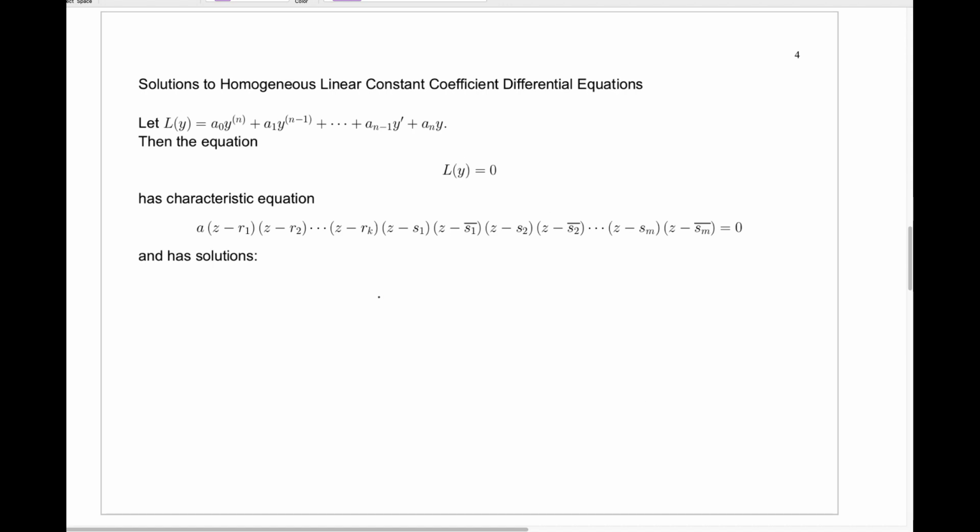What's the consequence of that for solving higher order homogeneous linear constant coefficient differential equations? It's always a mouthful to say this. I've been doing that a lot over the last couple of weeks. So let's just get back to our standard notation from the book. We'll take our differential operator L of y to be a naught times the nth derivative of y plus a1 times the (n minus 1)st derivative, all the way up to a sub n minus 1 y prime plus a sub n y.